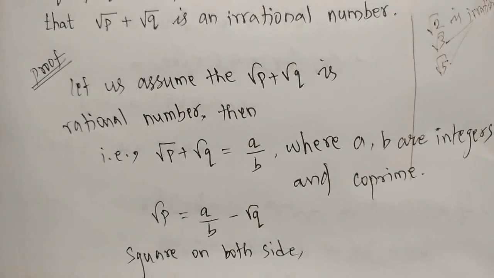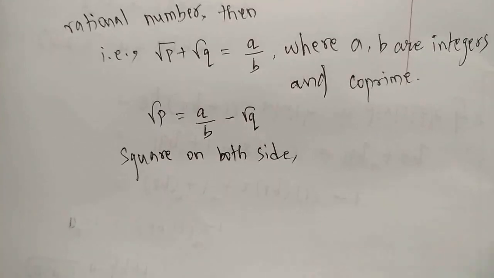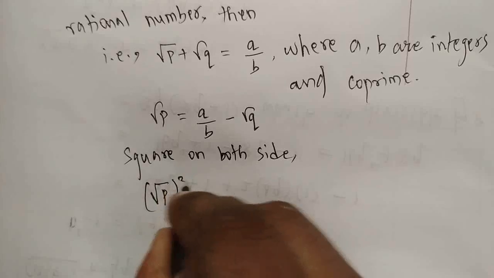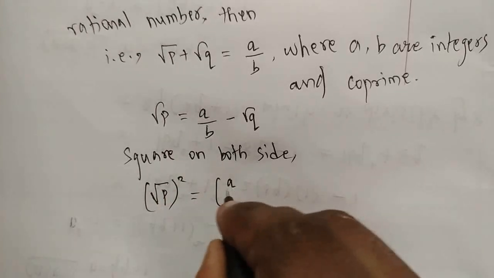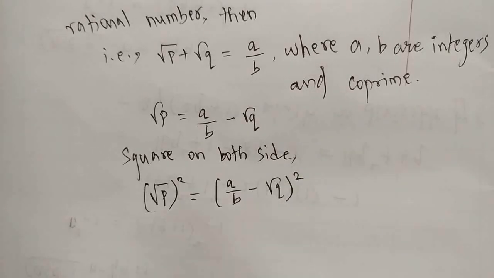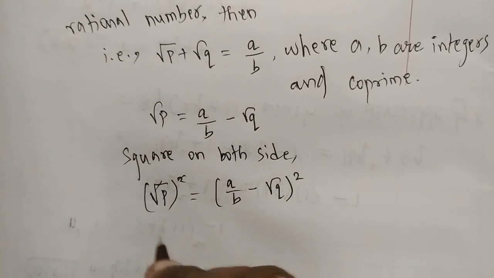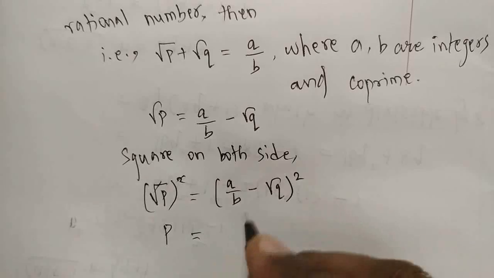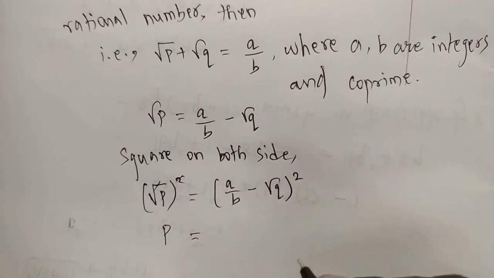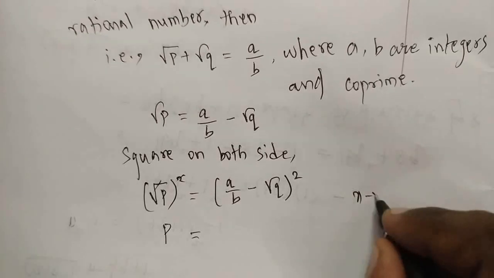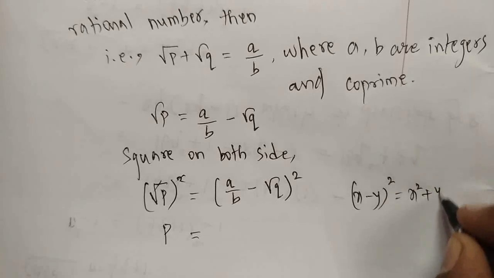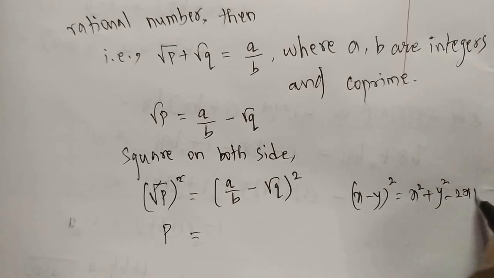After squaring, we get the square of root P equals the square of A by B minus root Q. The square and root will cancel, so we get P only. The right side is like x minus y the whole square, and the formula is x square plus y square minus 2xy.